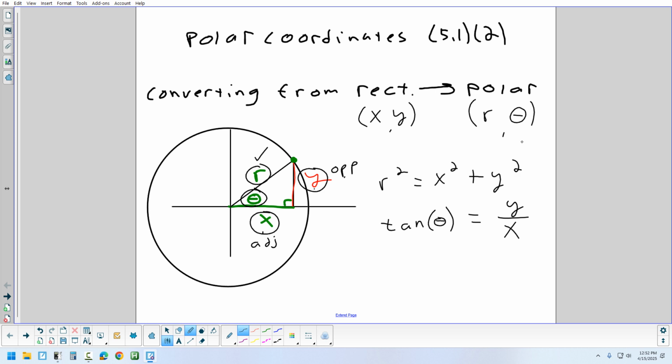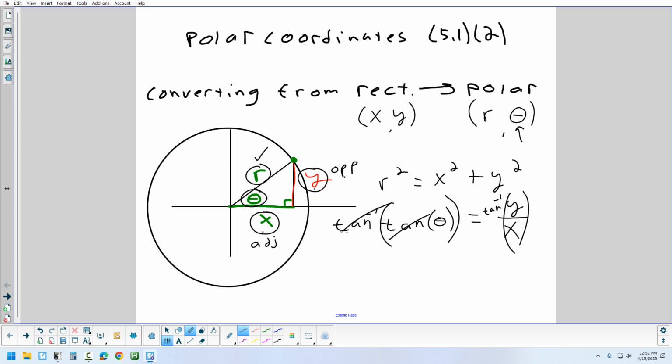What we really want, though, is a formula for theta, not tangent theta. So we have to get rid of tangent. What gets rid of tangent? The inverse of tangent. Yep. So we have to take inverse tangent on each side. What happens when you do inverse tangent of regular tangent? It cancels tangent out.